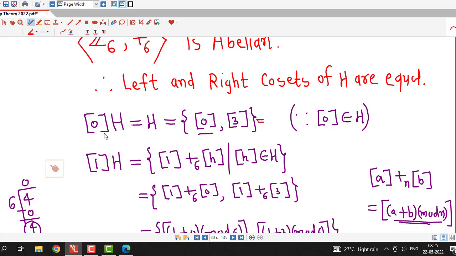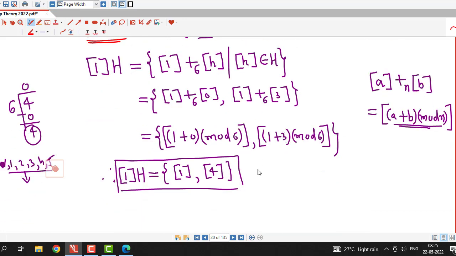So this is the left coset corresponding to equivalence class 0, and because our group is abelian, this is going to be the right coset also. Same thing here, this is equal to the right coset corresponding to equivalence class 1.